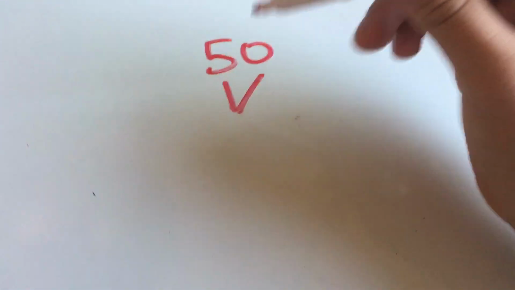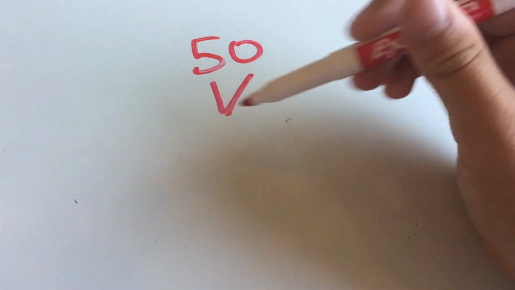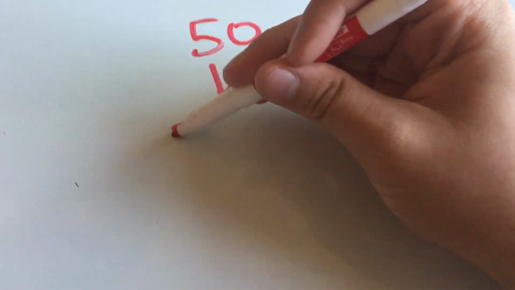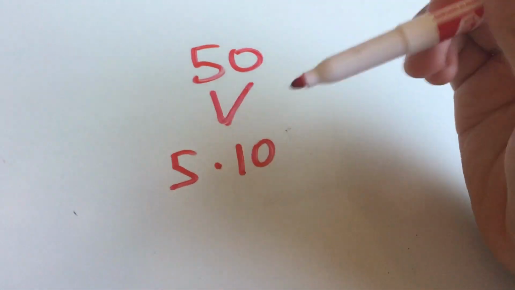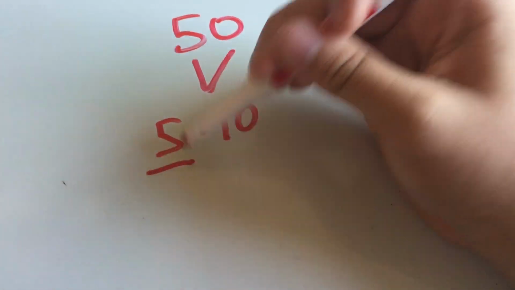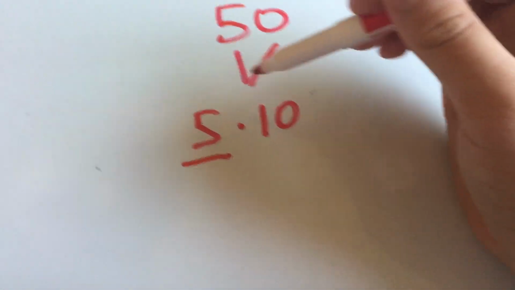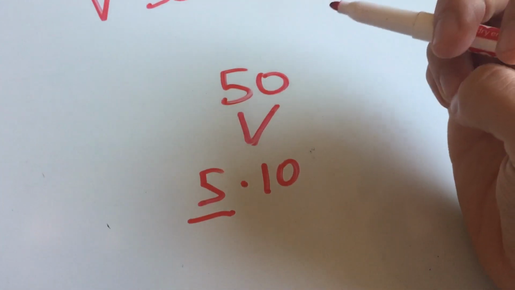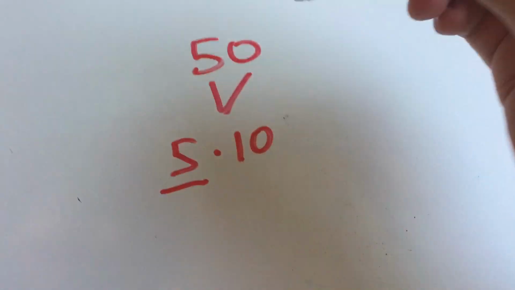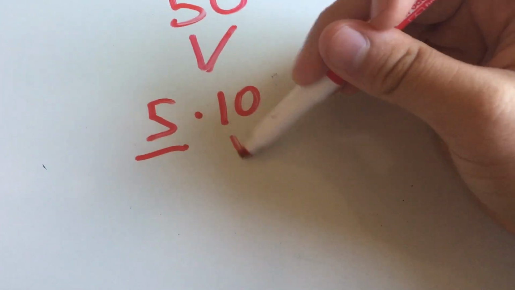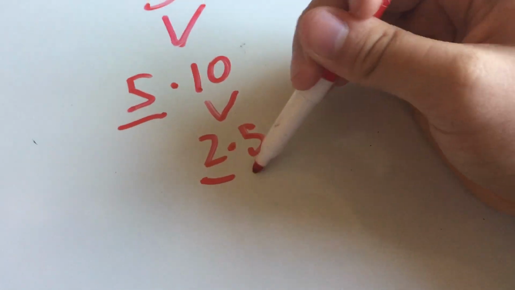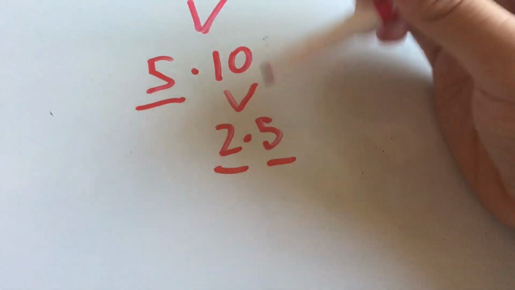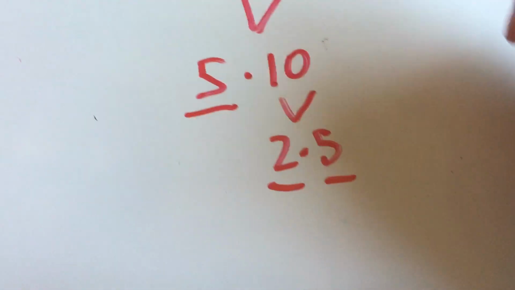I'm doing a tree factoring: 5 times 10 gives 50. I'm highlighting the 5 because it can't be simplified anymore. The 10 can be simplified as 2 times 5, and the 2 and the 5 don't simplify further.